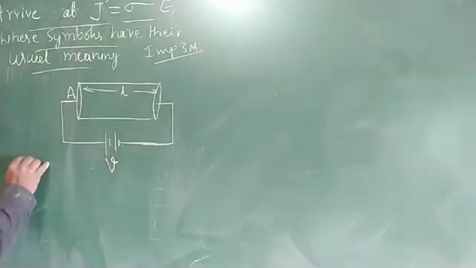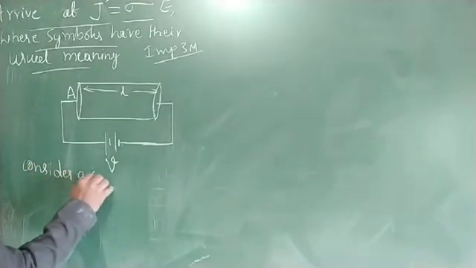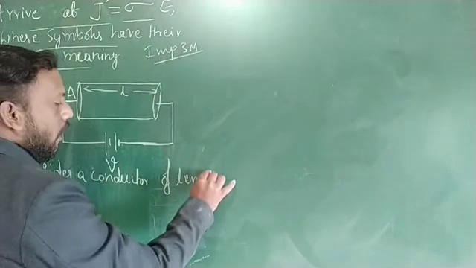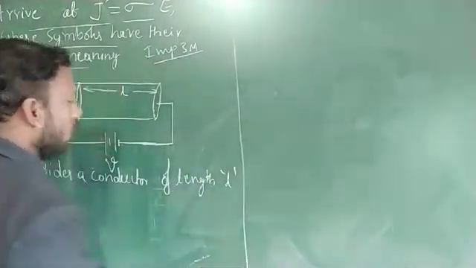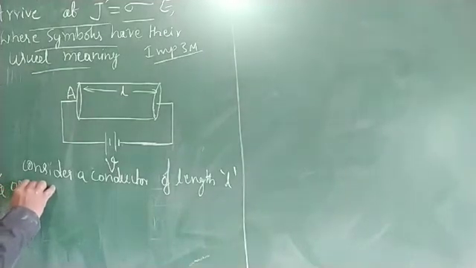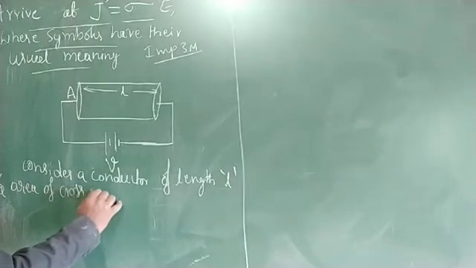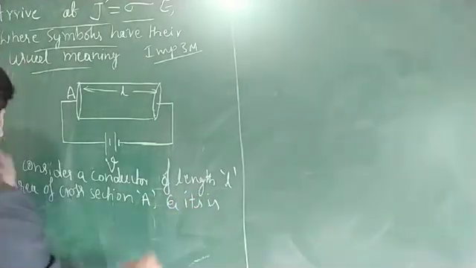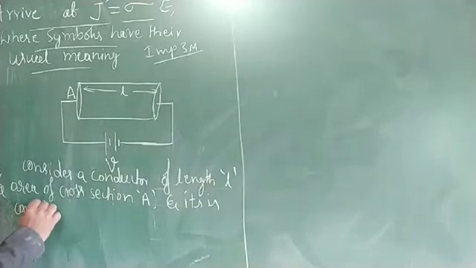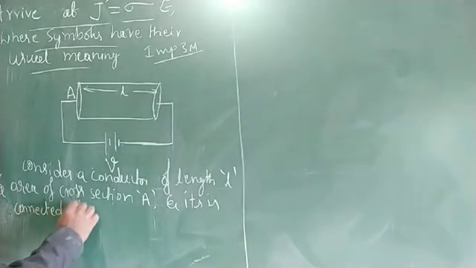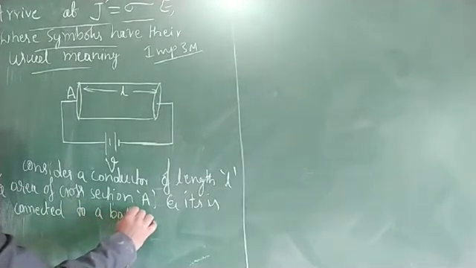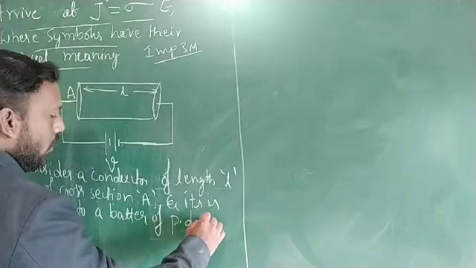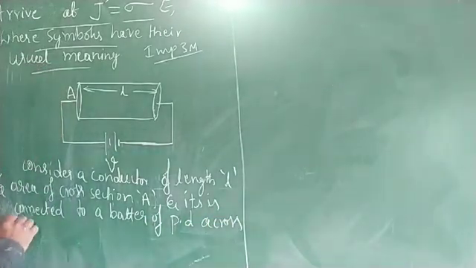Consider a conductor of length l and area of cross section A, connected to a battery of potential difference across the ends of the conductor.